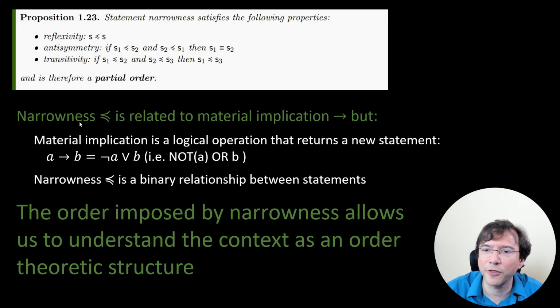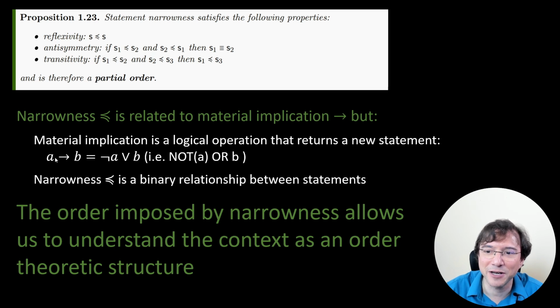But before we look at that, one of the things that I want to point out is that if you did logic, it would look like narrowness is essentially material implication, because I'm saying if something is true, then the other one is true, so there is this implication. We're not using the same symbol because material implication in logic is really a logical operator that returns another statement. So saying A implies B is the same statement as saying that either I have not A or B. And we're going to look later at what these expressions are, the not and the or, which are logical operations.